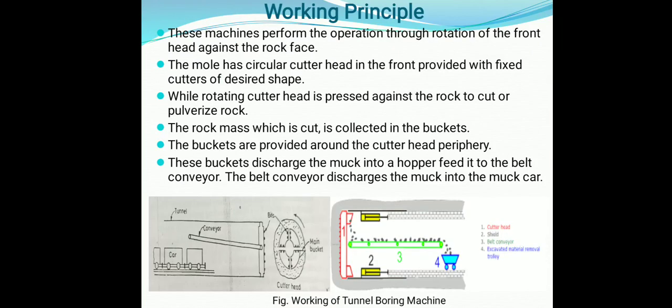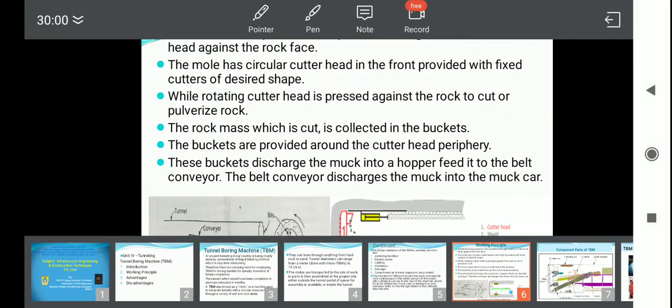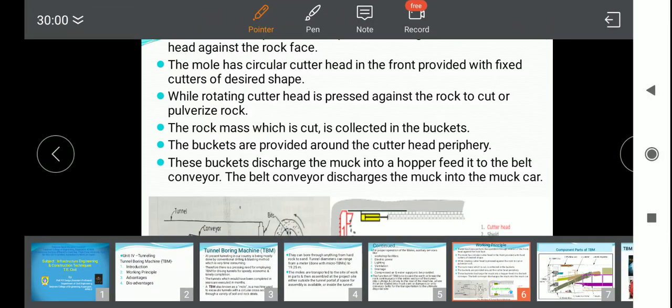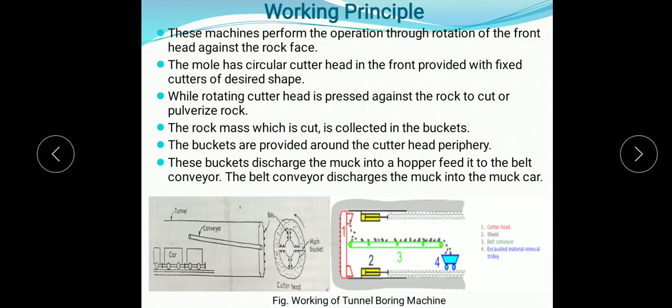So coming to the working principle. Before proceeding to the working principle, all of you just go through the diagram of working of tunnel boring machine. So this is a diagram for working of a tunnel boring machine.